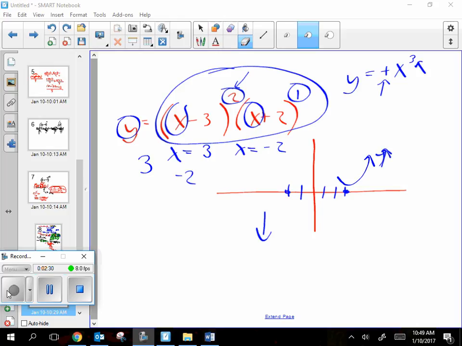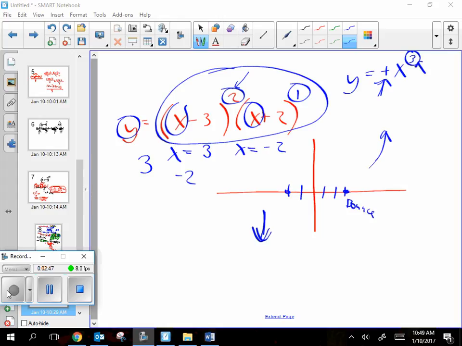Odd is different. So I now know that it's going up on the right because of the lead coefficient being positive. It's down on the left because this is an odd number, and I also know it's bouncing right here. So that should tell me bounces here, doesn't bounce there, goes right through.